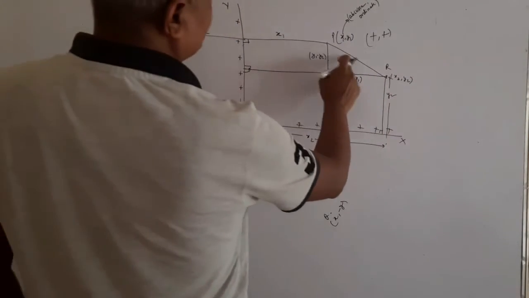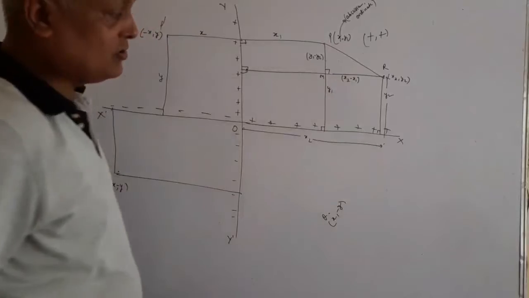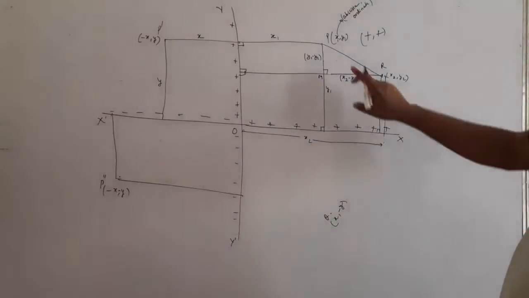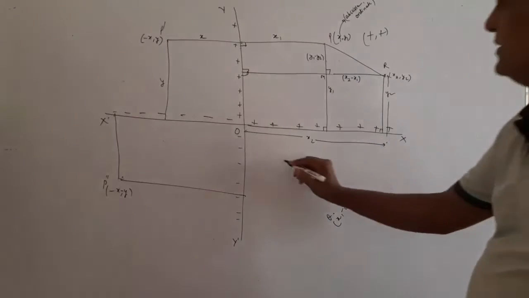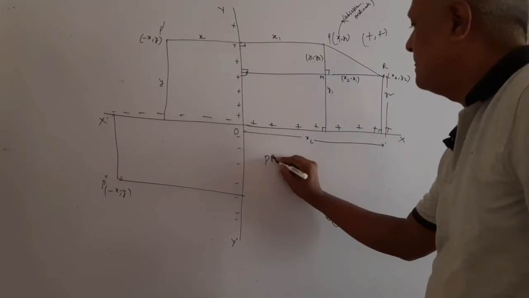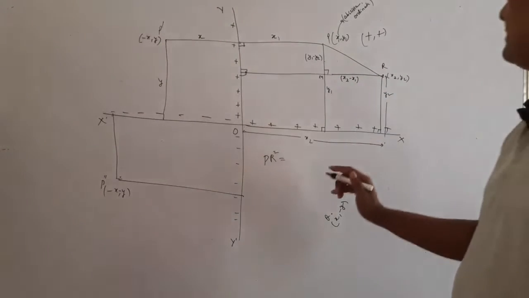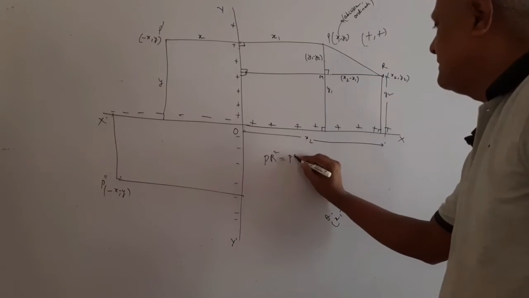Now this is a right angle triangle, so the Pythagoras theorem holds true. The Pythagoras theorem says that PR square is PM square plus MR square.